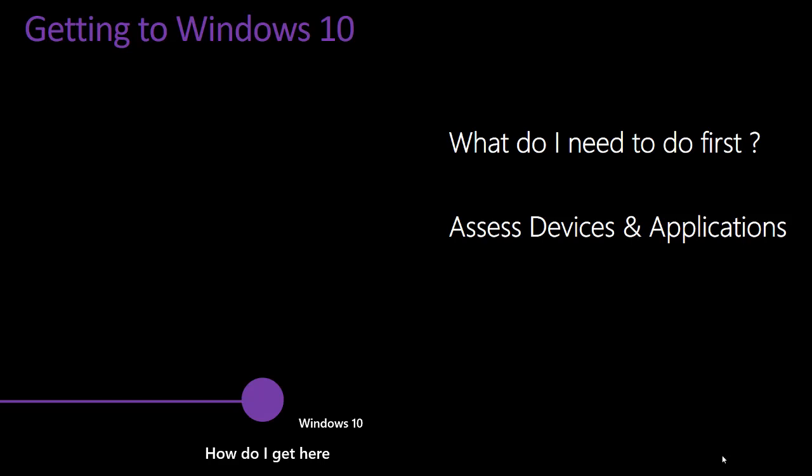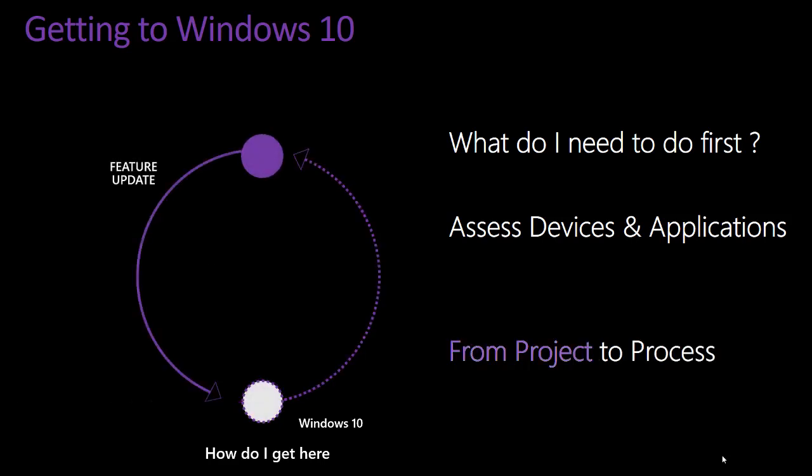It's just the name itself that is changing, and actually what we're going to find is that rather than just delivering a project as we need to do right now, we're going to have to turn this into a process-driven exercise, as we'll be constantly evaluating, assessing our environment and upgrading it effectively on a yearly basis.